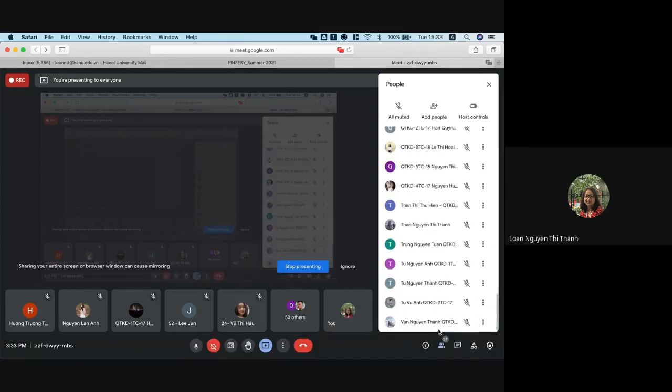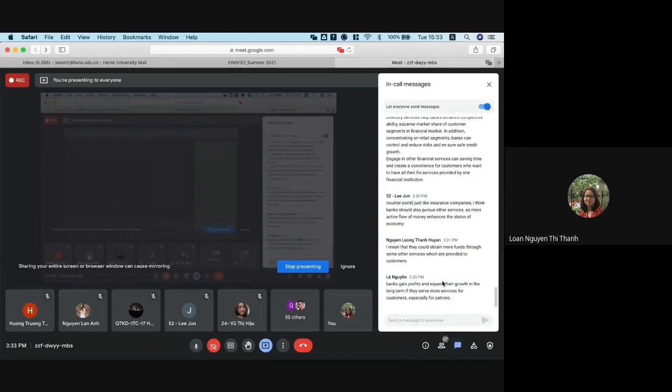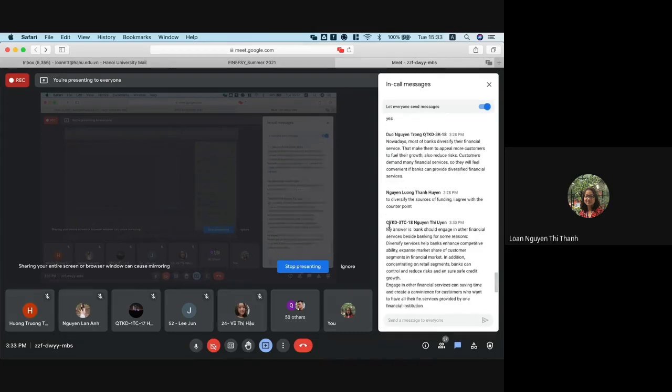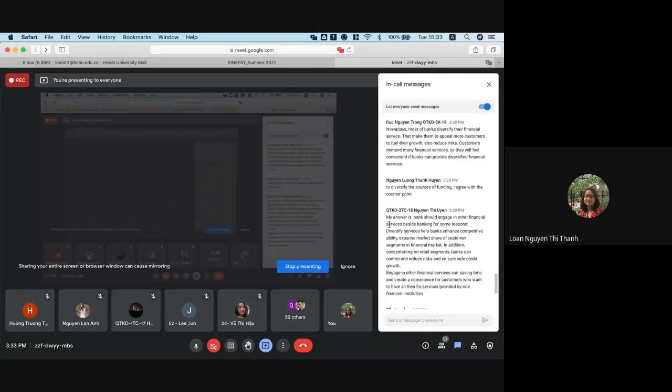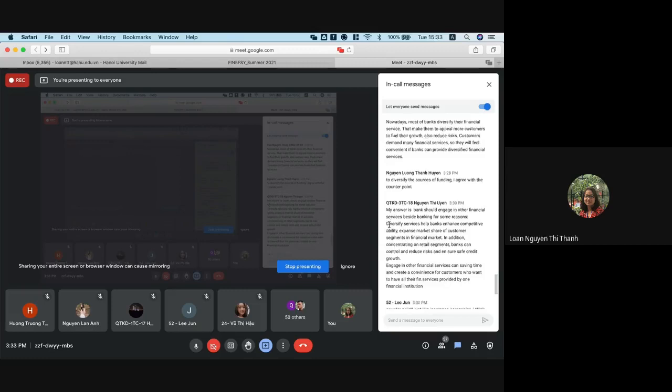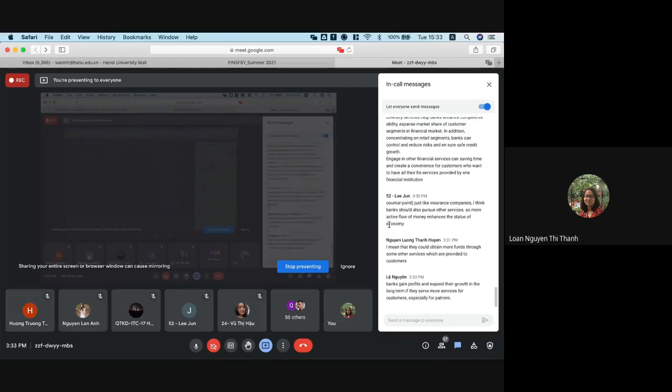Okay, totally agree with Huyền's point. I'm still a bit confused, because you say diversify the sources of funding and then give more details: obtain more funds through other services provided to the customer.